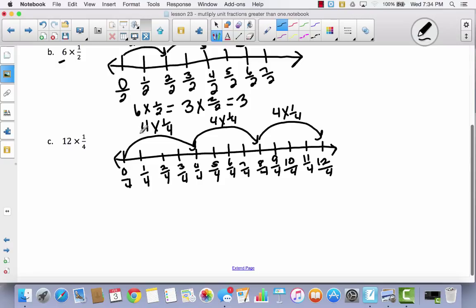So now I've got 4, 8, 12. So 12 times 1/4 is the same thing as 4 fourths, 4 fourths, 4 fourths, 3 times. 3 times 4 fourths, which is the same thing as 3 wholes. This is 1 whole, 2 wholes, 3 wholes.